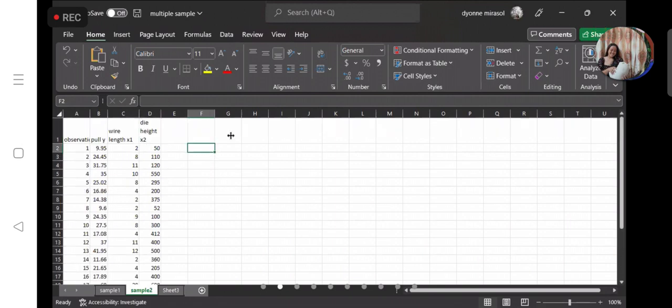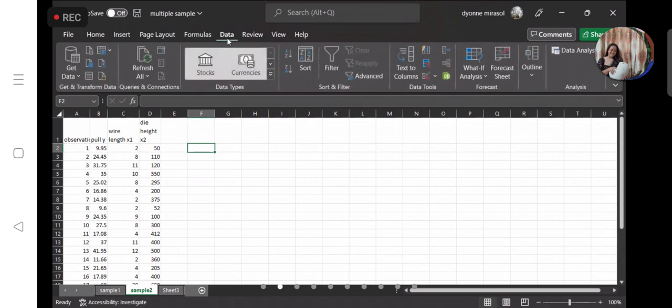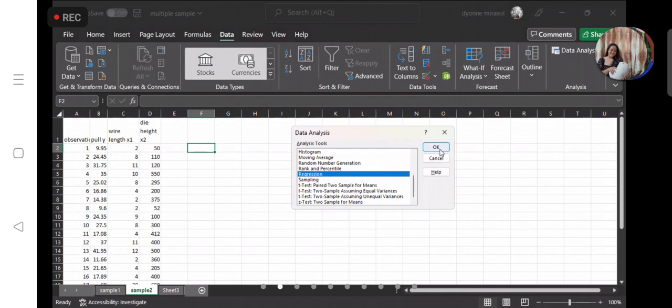So again, Data tab, Data Analysis, and then Regression.